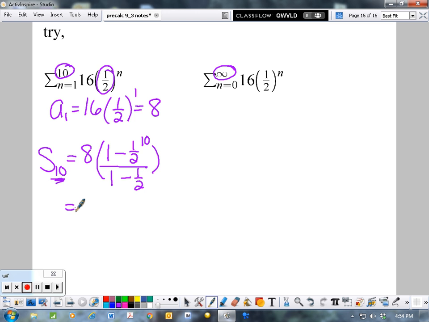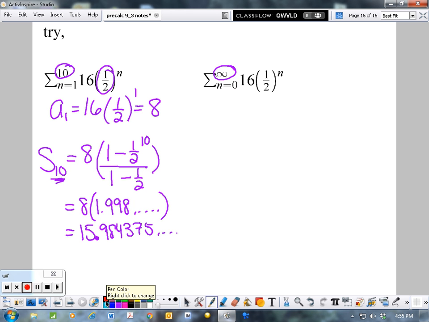So I'm going to take that top number and divide by 1/2, or 0.5, which means I'm going to have 8 times 1.998, and so on, which means the sum of my first 10 terms would be 15.984375, and so on. Again, you can go about that using fractions, but we're just trying to save some time here.